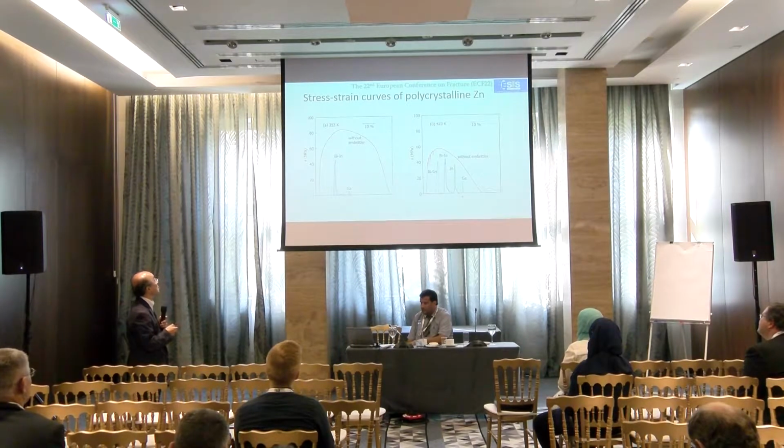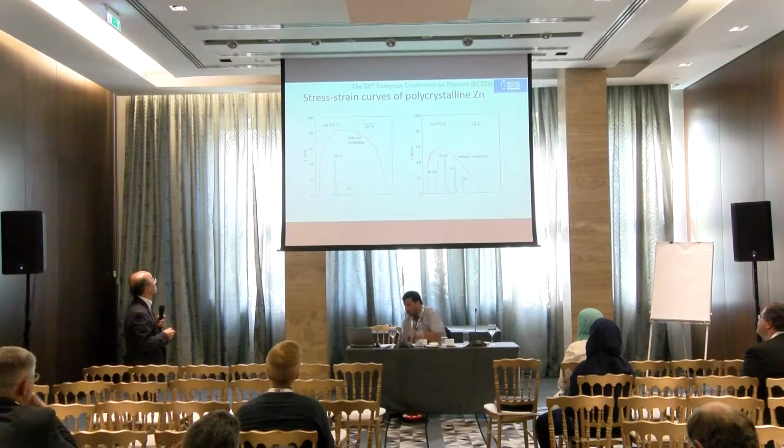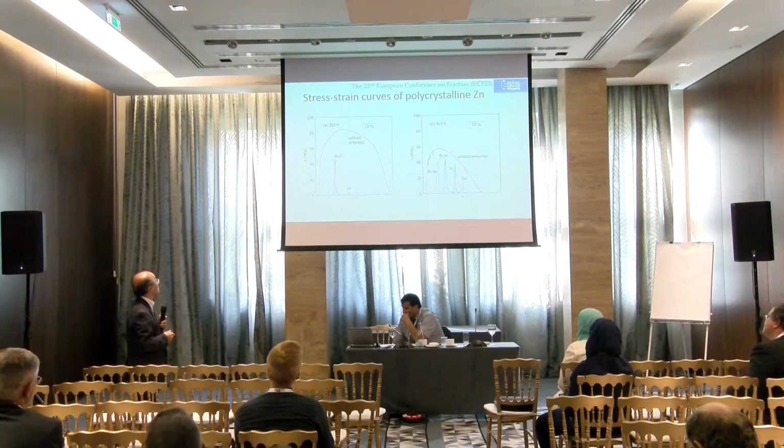The typical stress strain curves of polycrystalline zinc are shown here. At 353 degrees, the stress strain curve of zinc is like this in the case of without embrittler. But if you put a small drop of gallium or bismuth-indium eutectic, then the stress strain curve becomes like this.